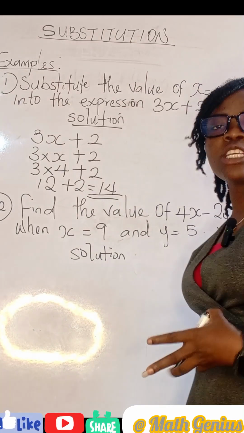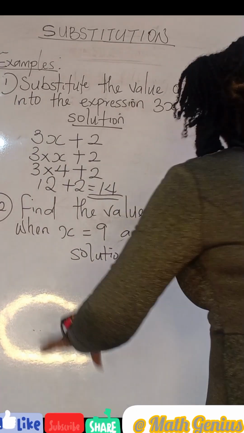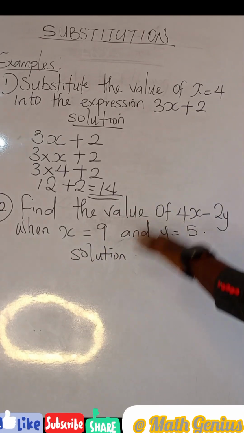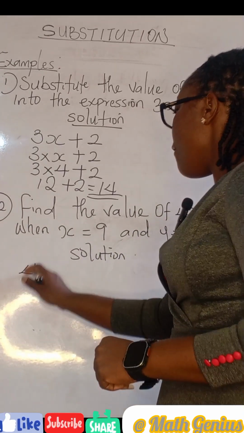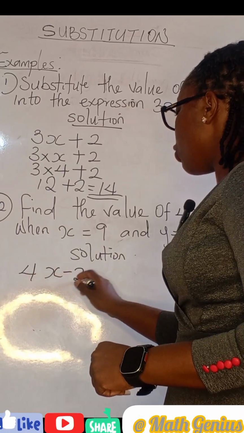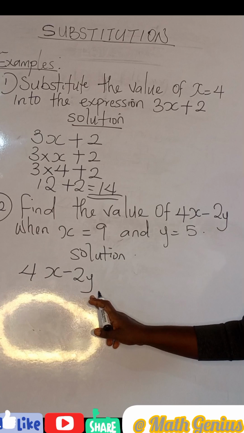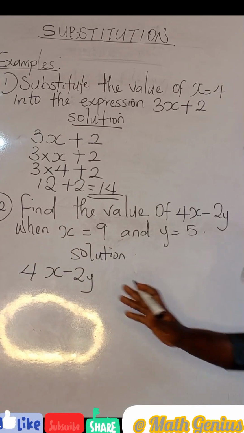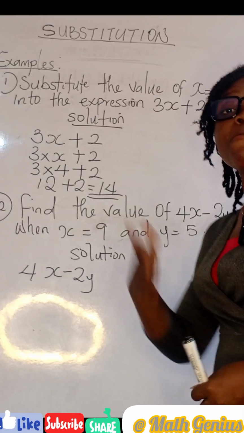I would like to buttress with number 2 so you get a very good comprehension of this topic. Question 2 says, find the value of 4x minus 2y. X here is variable 1, y is variable 2. X and y, they are variables representing values.